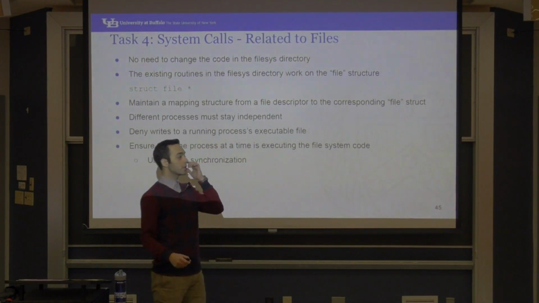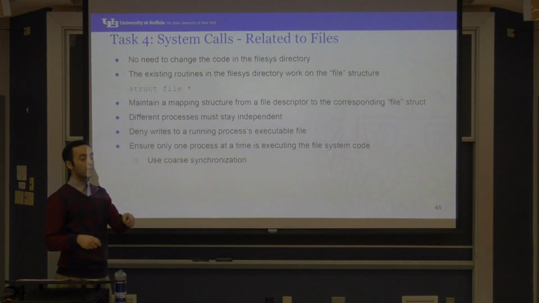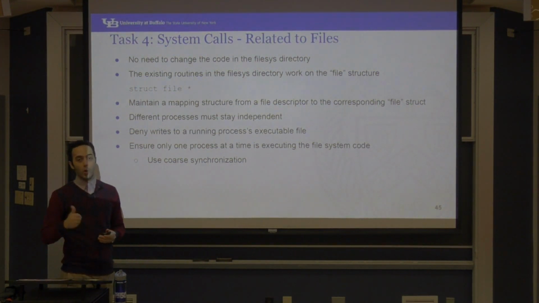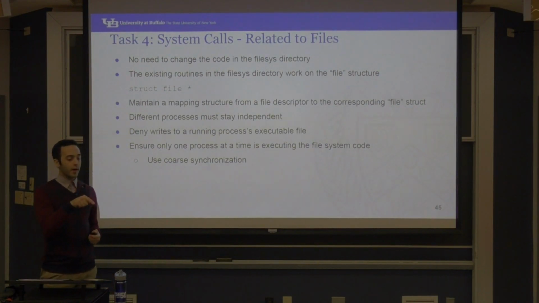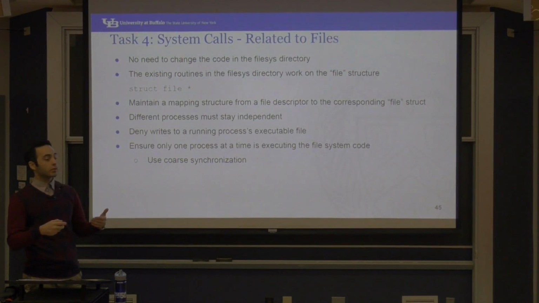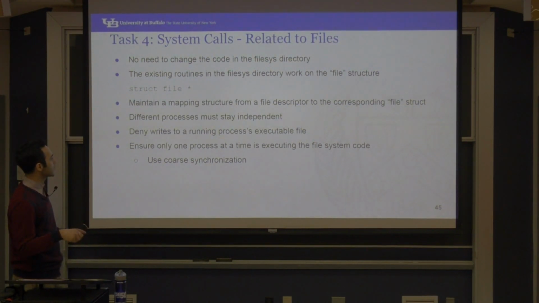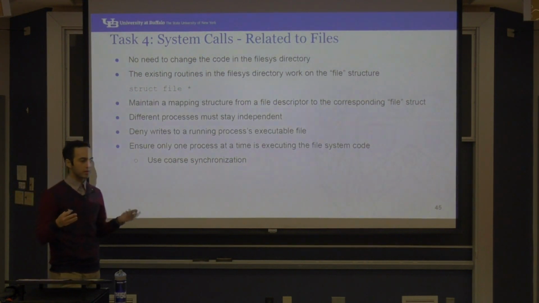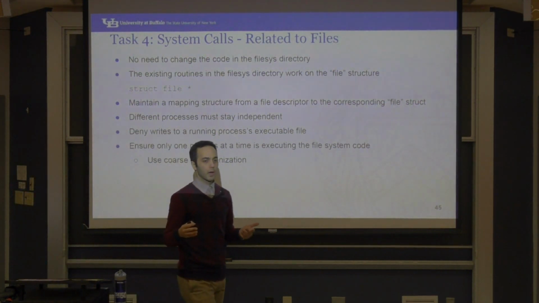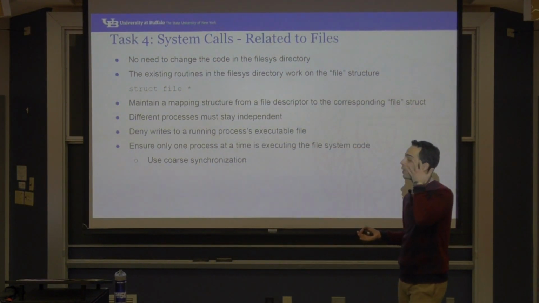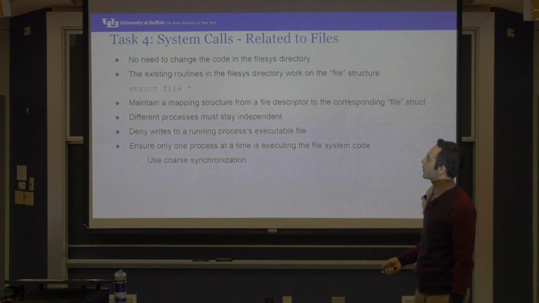At that point, the kernel should basically remember that that file is now being executed. So no process should be able to later on open that file and write to it. Once the process exits, they may do it again, but not before this is executing, right? And also, again, use just coarse synchronization to simply implement this, because if there's any race condition, if two processes want to use the file system, just have a lock or something.